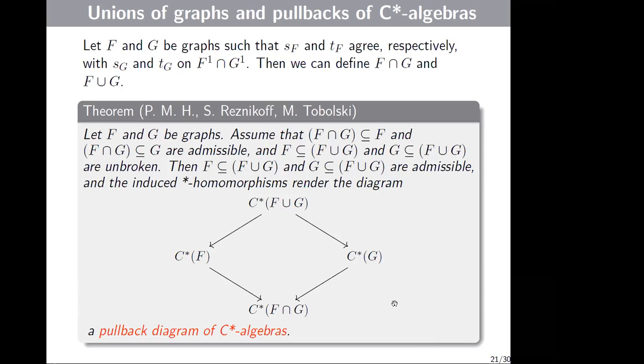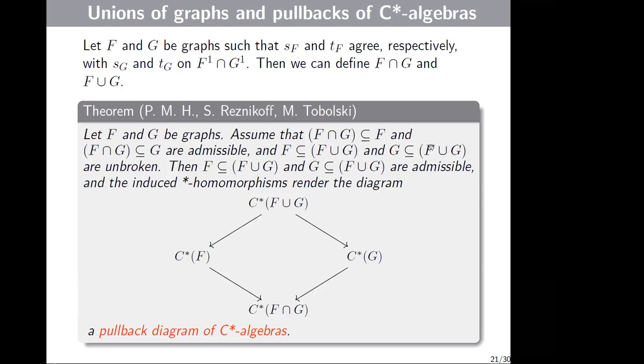The only additional assumption I have to throw in: I don't see how, by assuming that the inclusion of the intersection set in both F and G is unbroken, to conclude from this that the inclusion of F and G in the union graph is unbroken. I don't see it, but I don't have a counterexample.